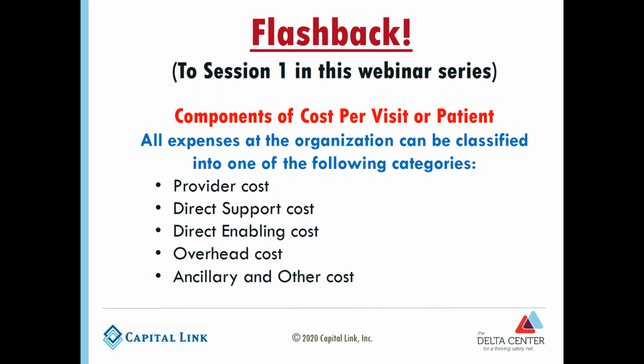So the provider costs, direct support costs, direct enabling costs, overhead, and then ancillary costs if you have them. This is important because even though we're going to show how you can do capacity cost analysis, which is a little bit different than the high-level cost we were doing before, we're still going to end up needing to have our costs broken down into these buckets. Okay, next slide.